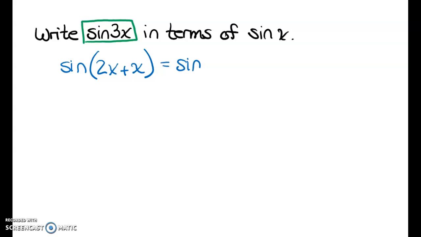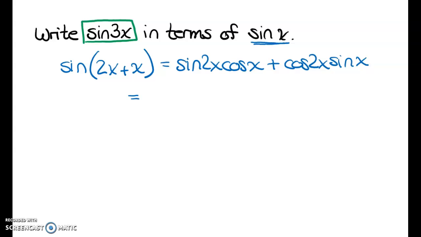So this is going to be the sine of 2x cosine of x plus the cosine of 2x sine of x. And again, I have to get everything in terms of just the sine of x. So when I pick formulas, I want formulas that only have sine. Well, the sine of 2x only has one formula. So that is 2 sine of x cosine of x times the cosine of x. But the cosine of 2x has three formulas.